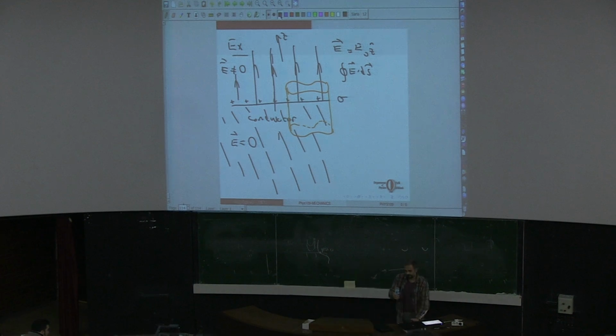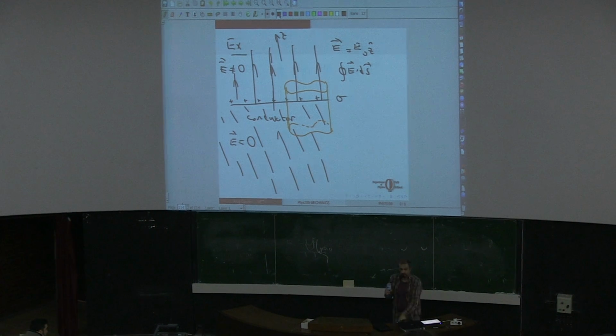On the sides, the electric field is in the vertical direction, but the area element is perpendicular to it, so there's no contribution to this integral from the sides. On the bottom, the electric field is 0, since the bottom is inside my conductor, so there's no contribution from the bottom. The only contribution will be from the top. On the top, ds is pointing upward and the electric field is pointing upward, so they are in the same direction.